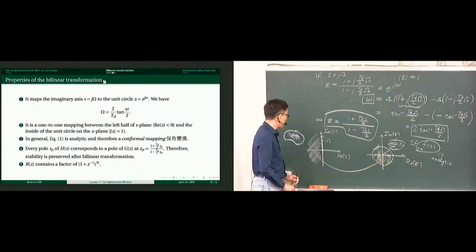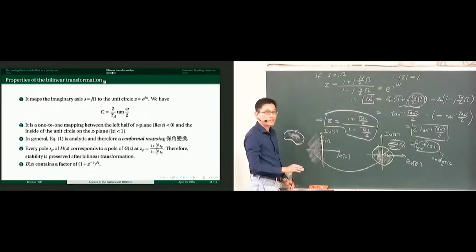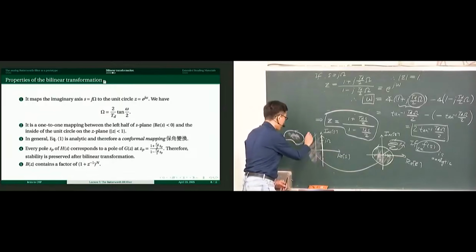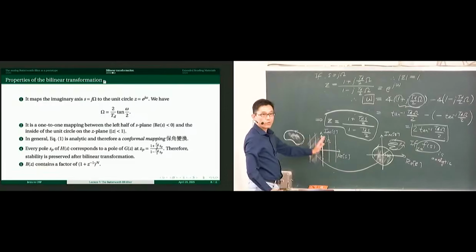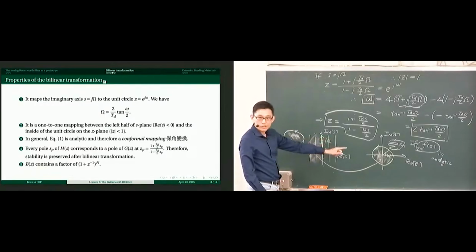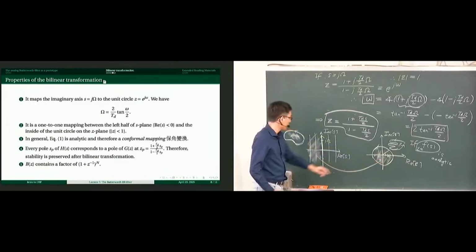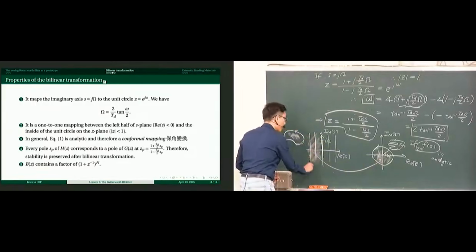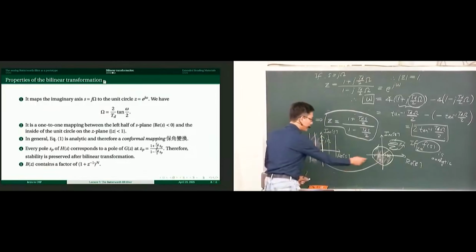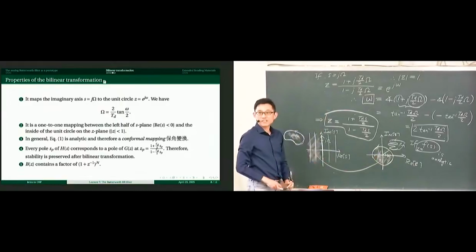But it turns out that all the straight lines, such as all the lines parallel to the imaginary axis, to the left or to the right, will be mapped to a circle. And left-hand side is mapped to left-hand side. So all these straight lines are going to be mapped to smaller circles inside the unit circle.